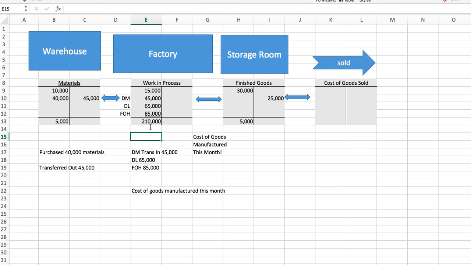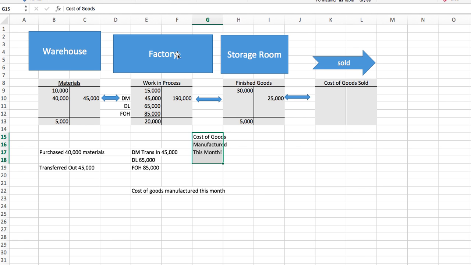But we're going to assume that $190,000 worth of products were actually completed this month. This is called cost of goods manufactured for the month. And those completed items will be transferred over to the finished goods account because you're changing buildings.